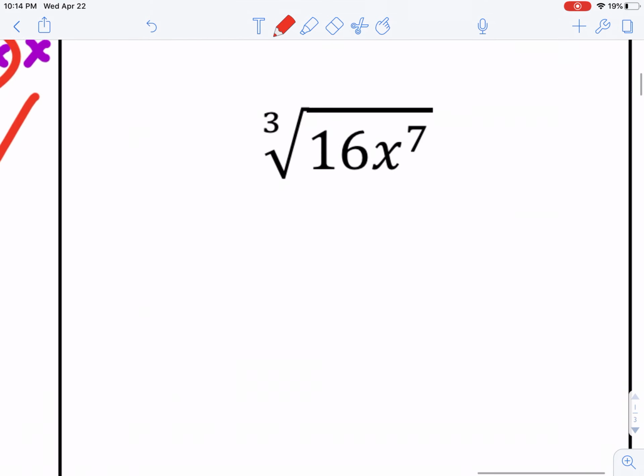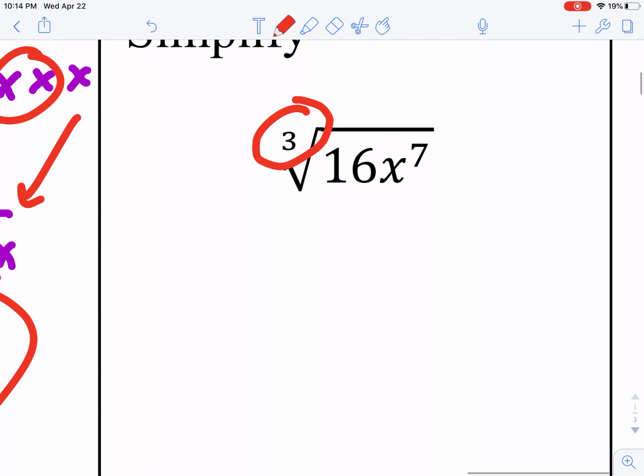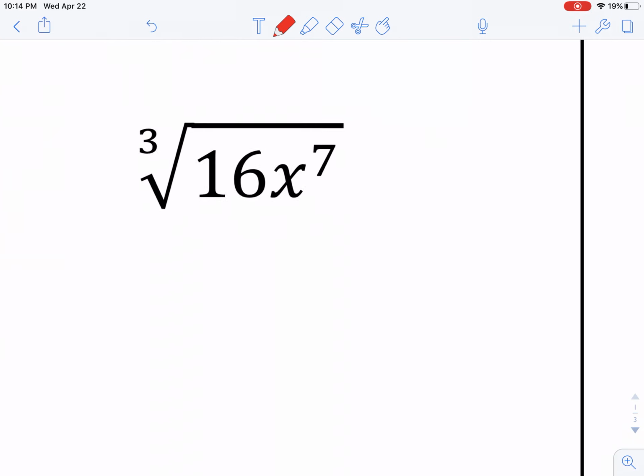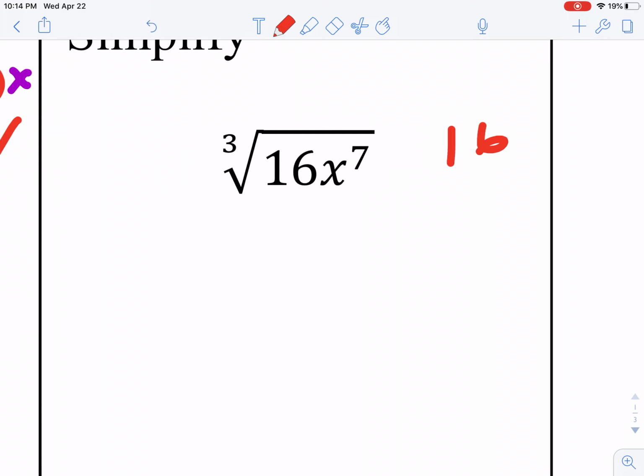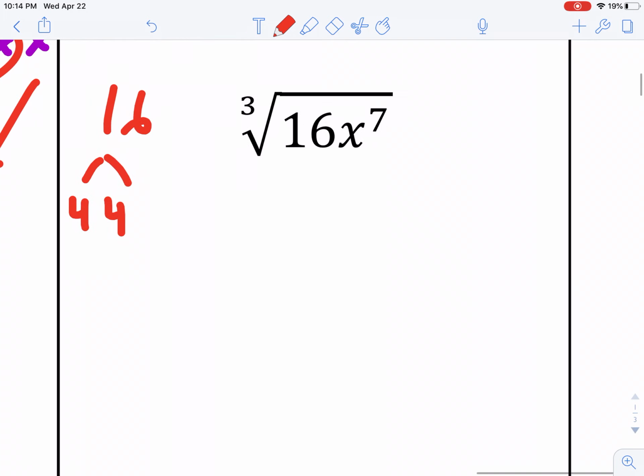And then the last one. First thing you should notice is that there's a little 3 out there. Okay, that's different from if there was a big 3 in the front. That little 3 means that now we're looking for groups of 3. So let's focus on the 16 first. 16 is 4 times 4. I'm going to break 4 down to 2 and 2, 2 and 2.